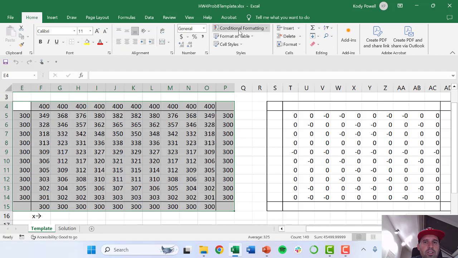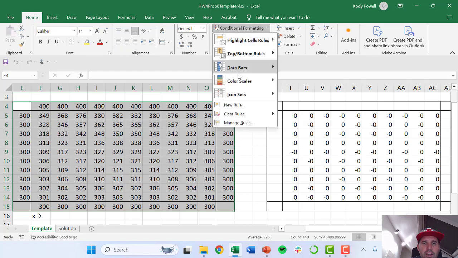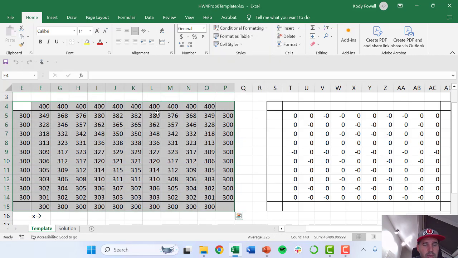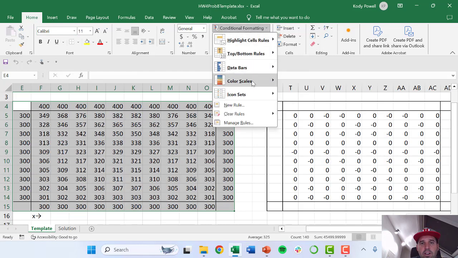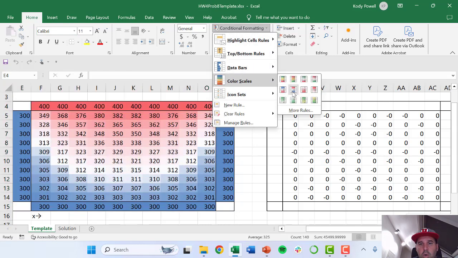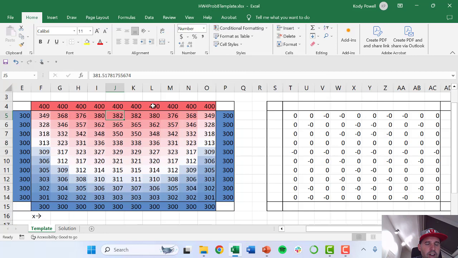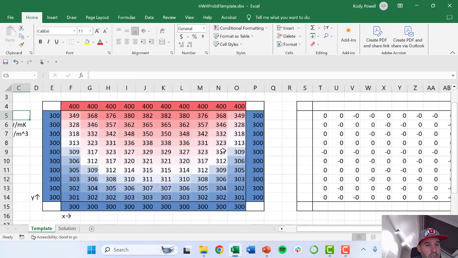So I'm going to go to the Home tab, Conditional Formatting, Color Scales, and notice that I highlighted all of these temperature cells. I'm going to use this cold and hot color scale, this red, white, and blue color scale, so that it represents the higher temperatures with red and the cooler temperatures with blue. So if you notice, this actually looks pretty cool.